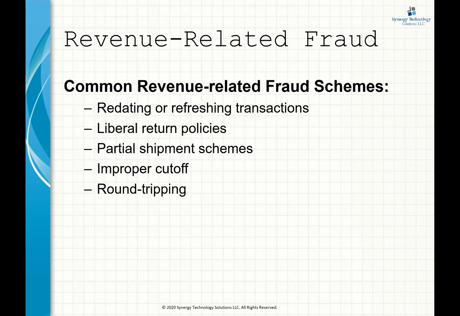Partial shipment scheme. You only ship part of the order, but you recognize the whole order as income. Improper cutoff. I told you about revenue management yesterday. Something like that. This is not the income for this period, but income from the next period, but your January income is a little short.